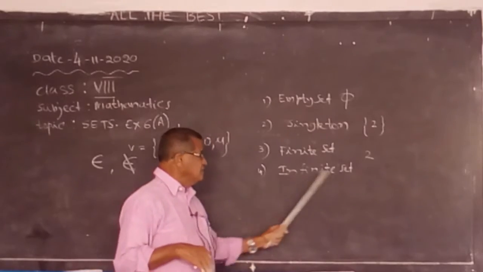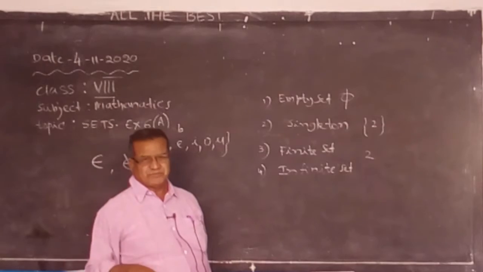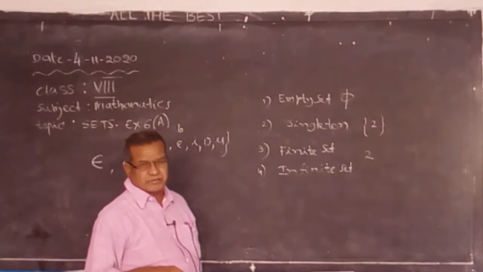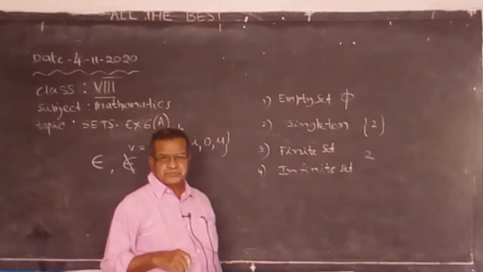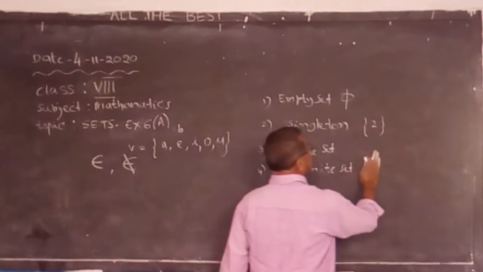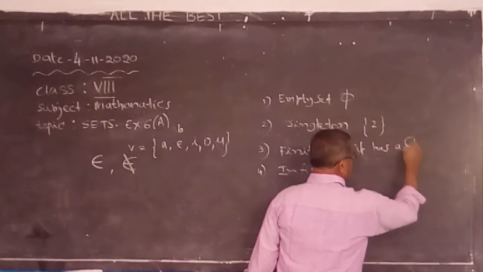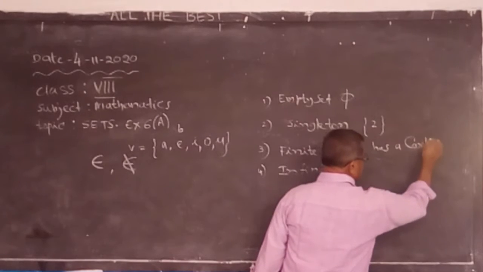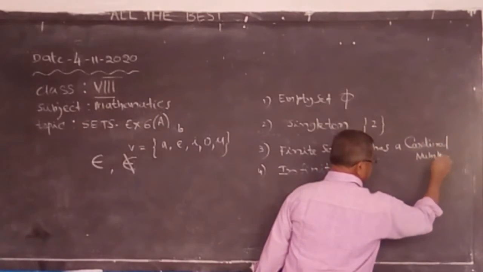But in an infinite set, starting is there, but there is no ending, no cardinal number. It has no cardinal number. We represent a finite set with a cardinal number.